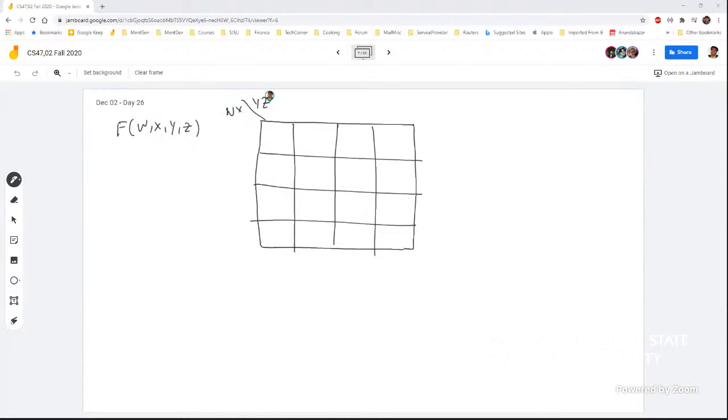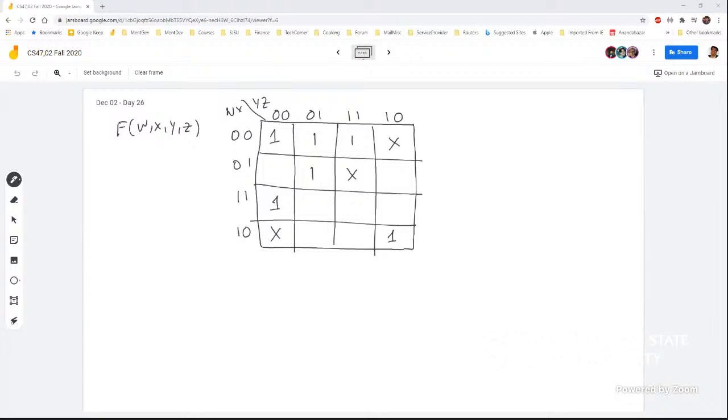And then we put the indices of those rows and columns in Gray code. Okay, so this is the K-map.